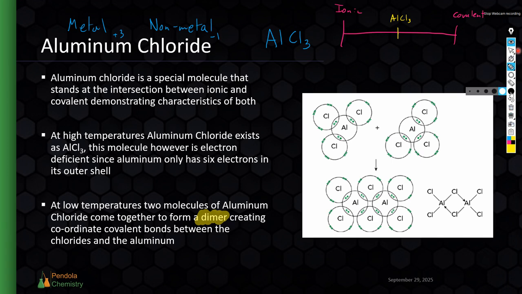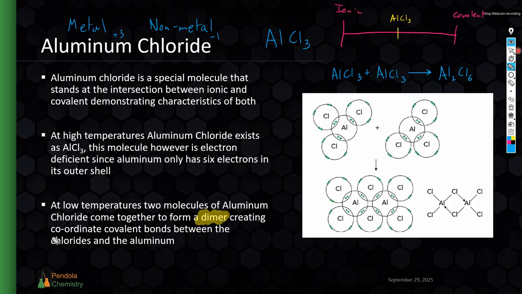In this case, what essentially happens is that the AlCl3 that we just discussed will combine with another AlCl3 molecule to combine into one bigger dimer molecule, which is Al2Cl6.